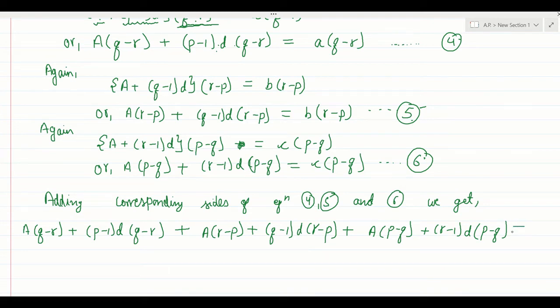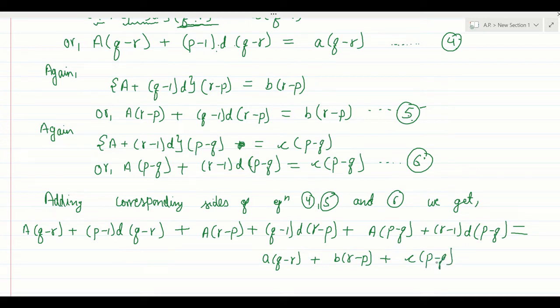Now equal to the right hand sides of equations 4, 5 and 6 added. So the right hand side of equation 4 is A Q minus R. The right hand side of equation 5 is B R minus P. And the right hand side of equation 6 is C P minus Q.